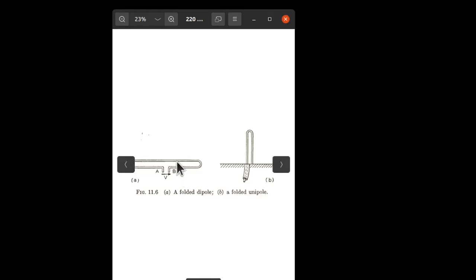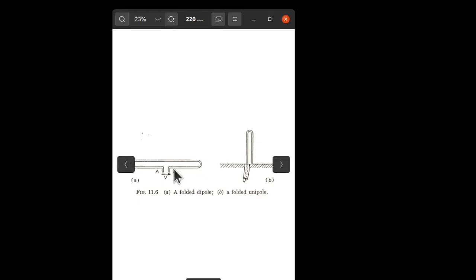And the wires are continuous and they're the same diameter, and they bring the added advantage of radiation resistance multiplication, in that what was formerly over here a 37 ohm radiation resistance has now been doubled to 140.